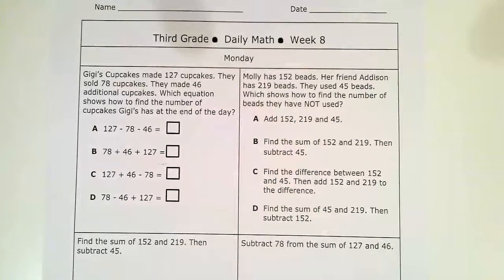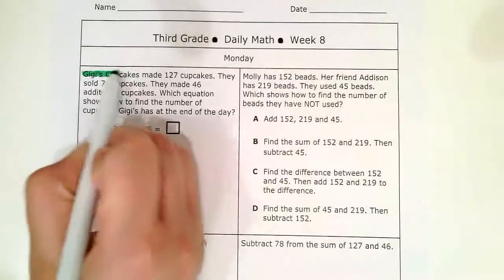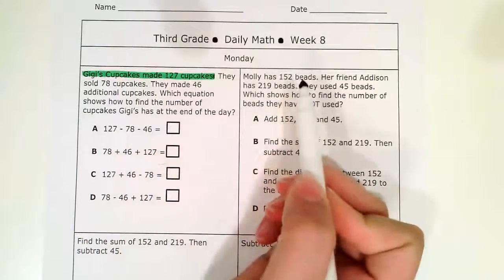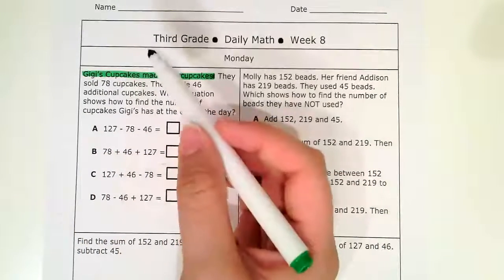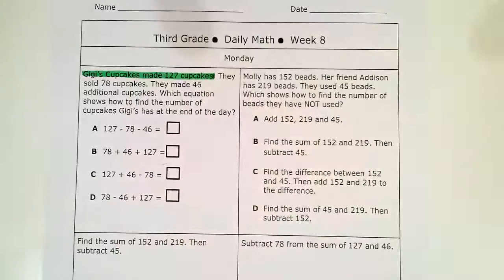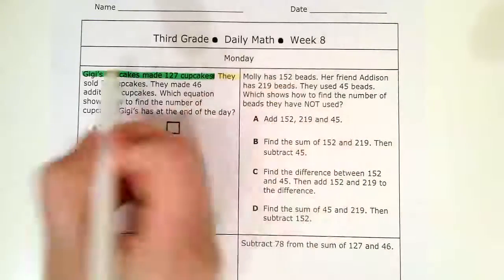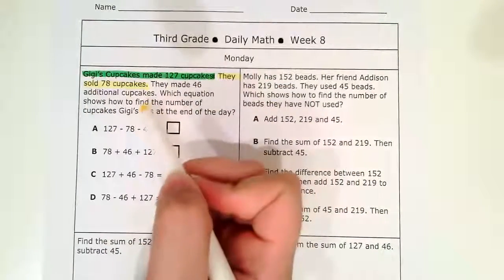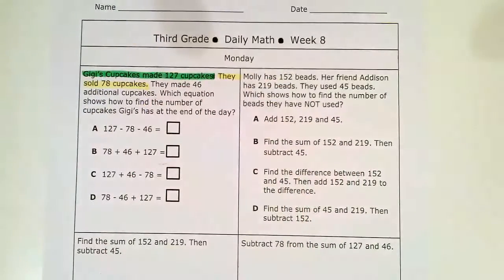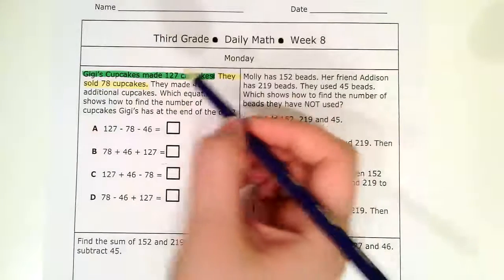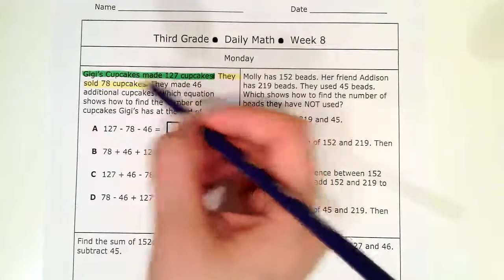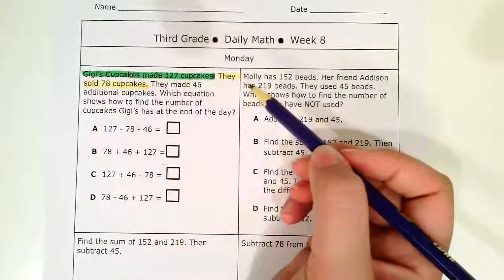So let's look at the very first thing it's telling us. It says Gigi's Cupcakes made 127 cupcakes. So that's what we're starting with. And out of those 127, they sold 78 cupcakes. So if they're selling them, do they get to keep them? No. So that means we're going to start with 127 and we're going to subtract 78.